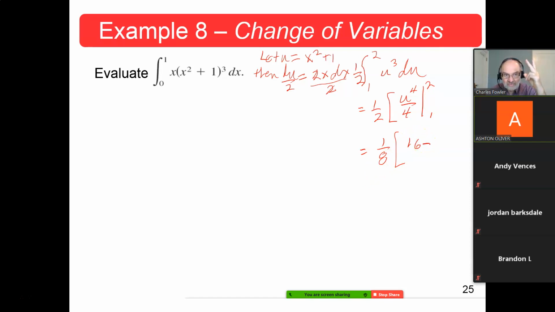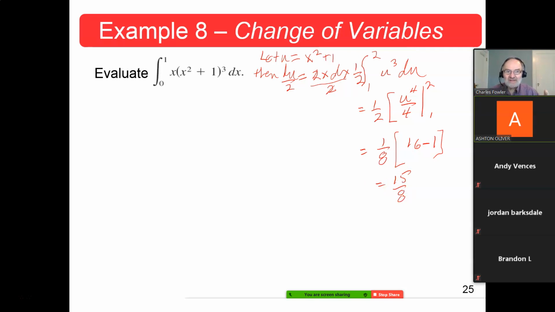Two times 2 is 4, times 2 is 8, times 2 is 16. 16 minus, see I pulled the 4 on the outside with the 8, with the 2, so it's outside. So all I'm evaluating is u to the 4th minus 1. 1 to the 4th power is 1. 1 times 1 is 1 times 1 is 1 times 1 is 1. Okay, so this would be 15/8.